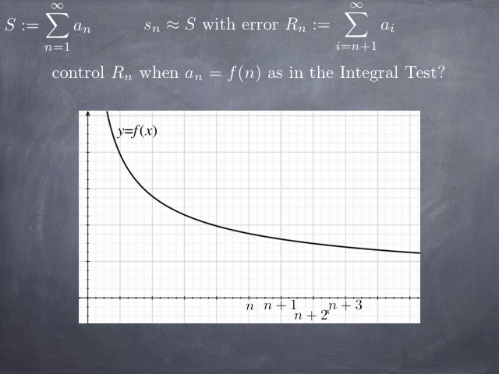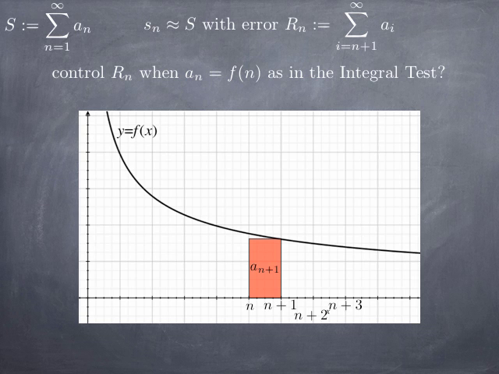So the first term in the series R_n is a_{n+1}, which we can represent by a rectangle with one side on the x-axis over the interval from n to n plus 1, and for the height, the value of the function f at n plus 1, in other words, at the right end of the interval.